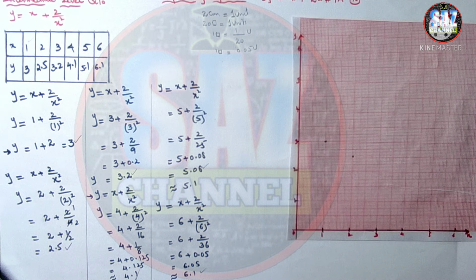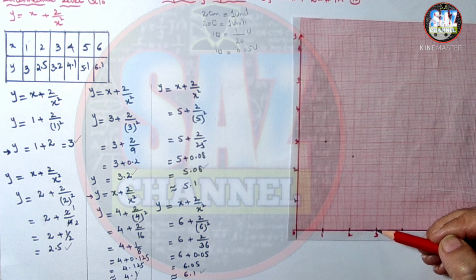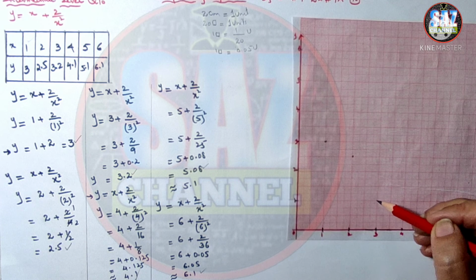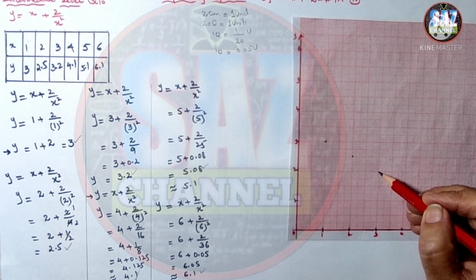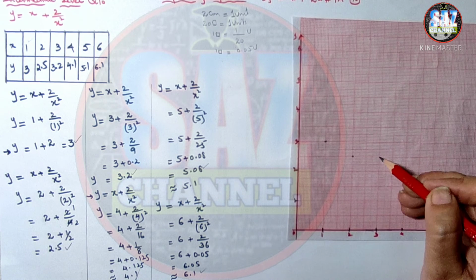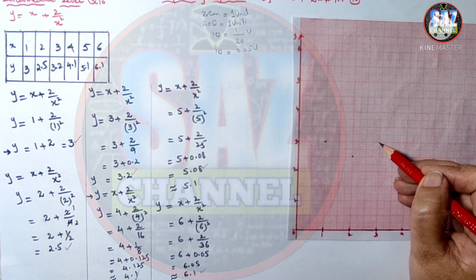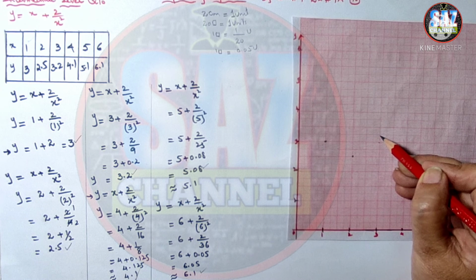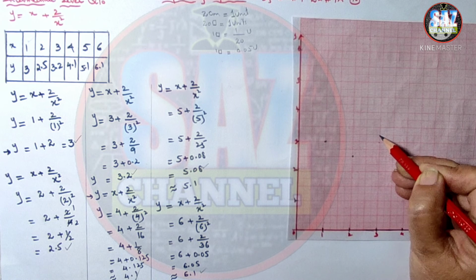I have to move 3.2 divided by 0.05, and this gives me 64 blocks. This is 10, 20, 30, 40, 50, 60, and this is 64 blocks.